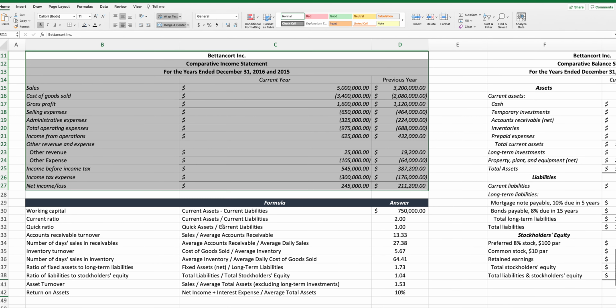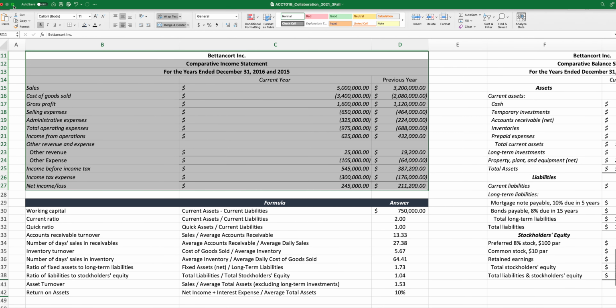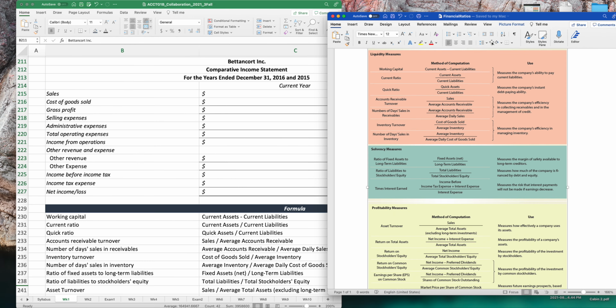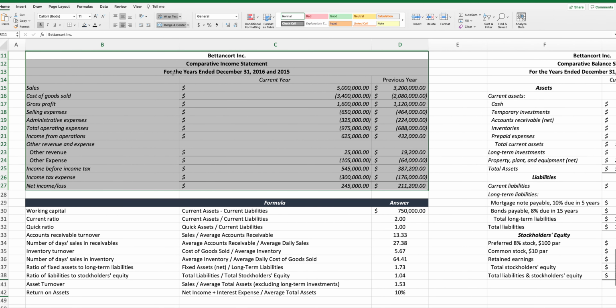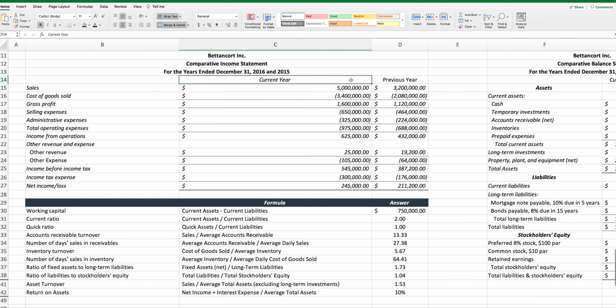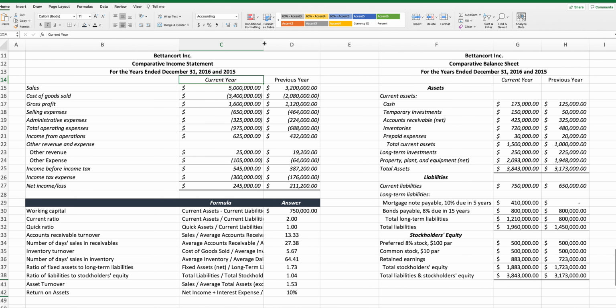Let's drag this off to the side. Because we have our financial ratios sitting off to the side, I'm going to close this cell down just a little bit so that we can see everything. Now we can see everything.